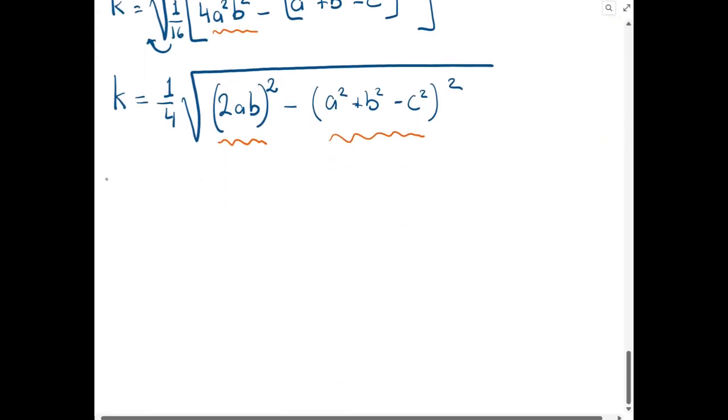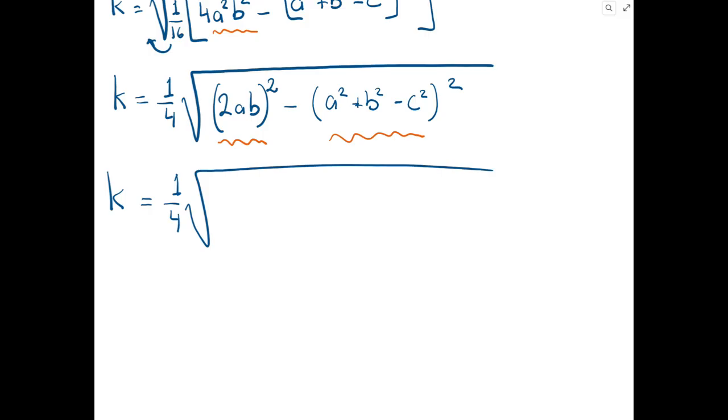So here we go. K equals 1 over 4, working in the root here. So my first term in my first conjugate will be 2ab, and then I would have plus whatever is inside that parenthesis. So a squared plus b squared minus c squared. That's the first one.